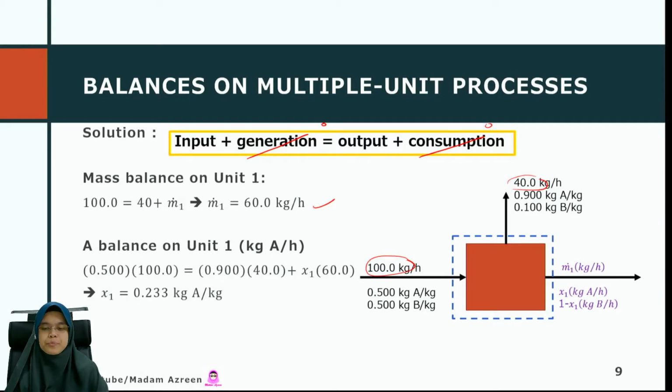Easy, right? Another balance is the balance for A, the composition of A. So we have 0.5 times 100, equal to the outlet 0.9 times 40 plus x1 times your M1. Because you already have the value of M1, you can straight away get the value of x1. So we solve for M1 and x1.